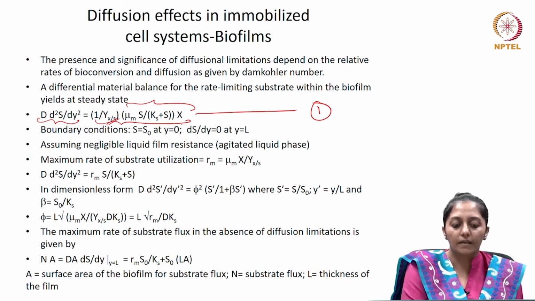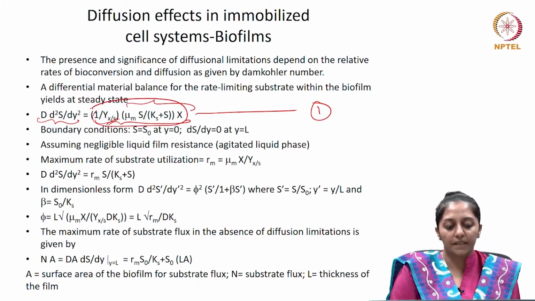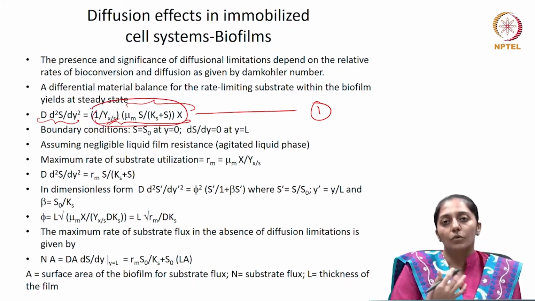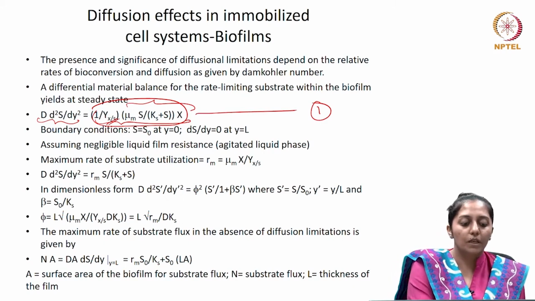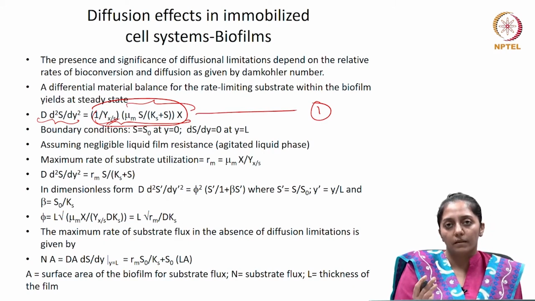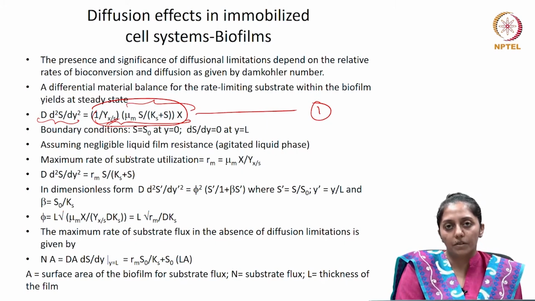So, your entire RHS here will become dS/dt, which is the amount of substrate consumed in the growth. This should be equal to the amount of substrate transferred through the biofilm, which is being demonstrated here by Fick's second law of diffusion.